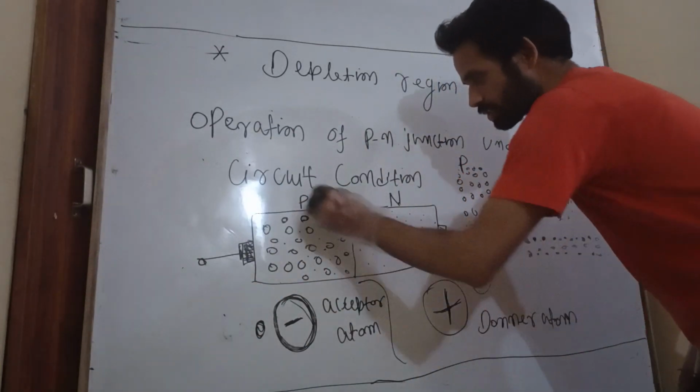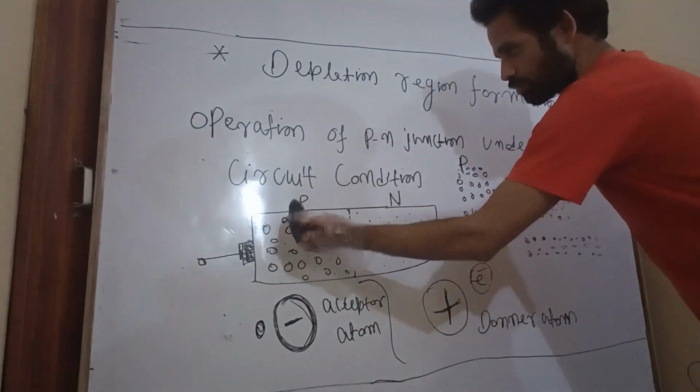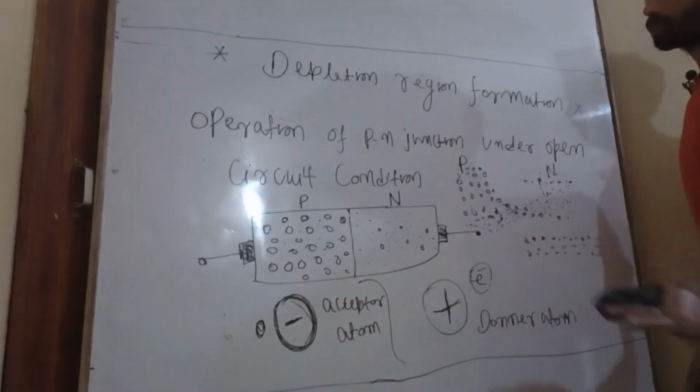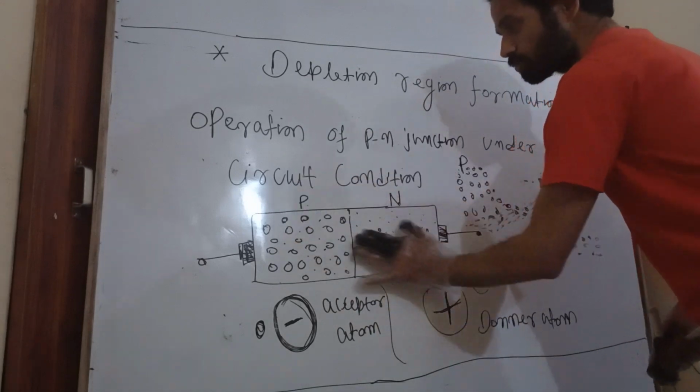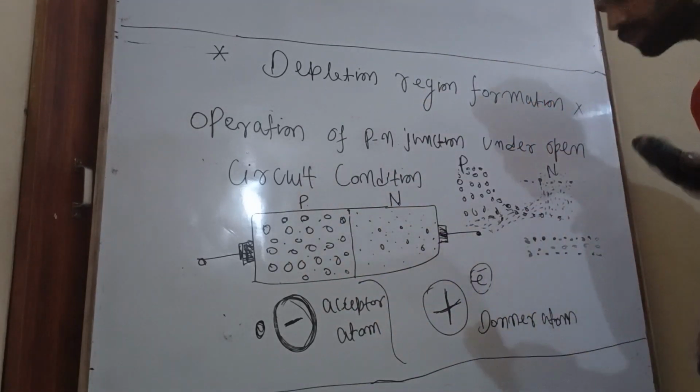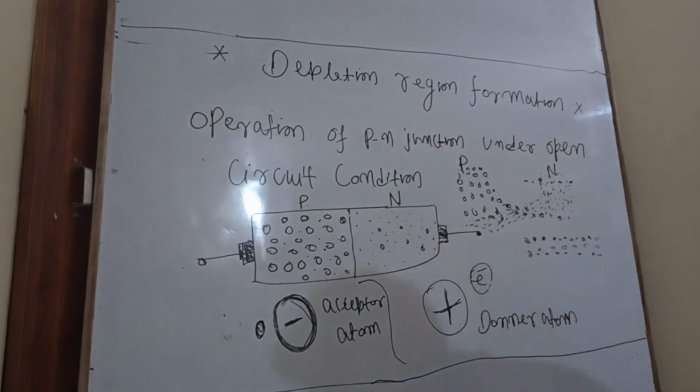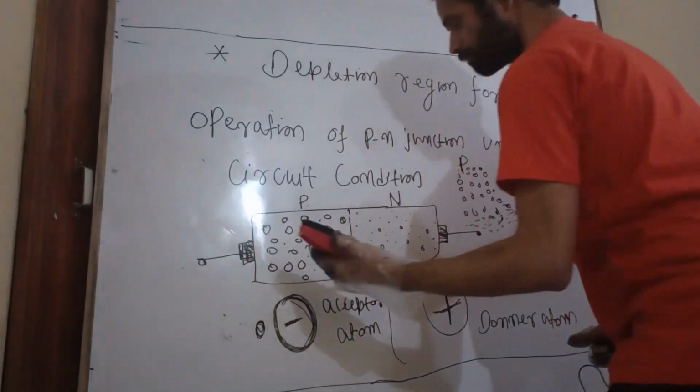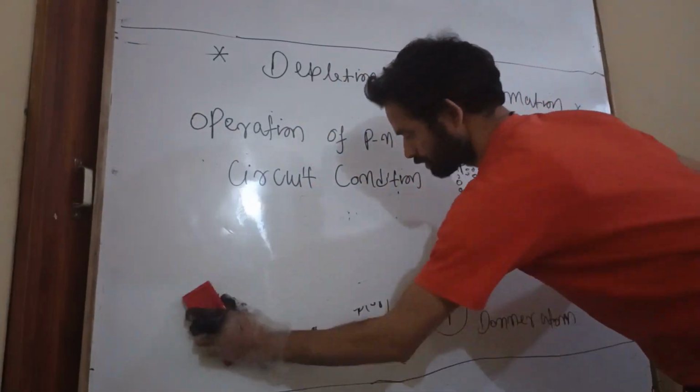So they start flowing from one region to the other, and in this way diffusion will start. Now we will see what happens once diffusion starts.